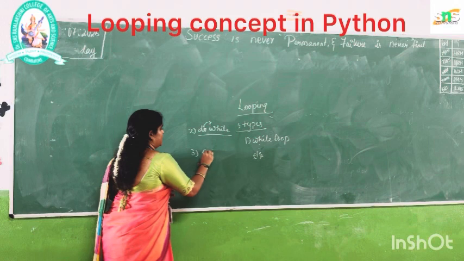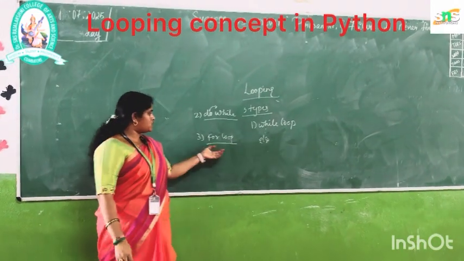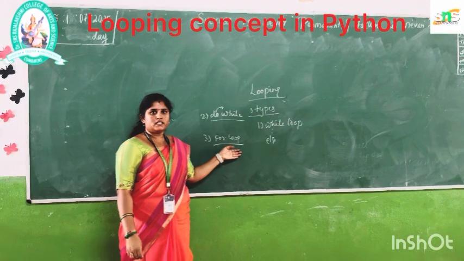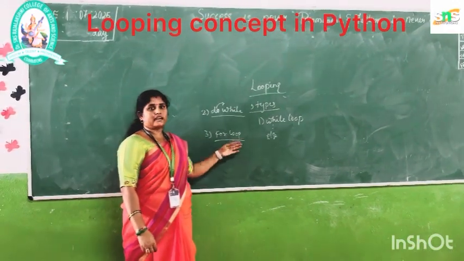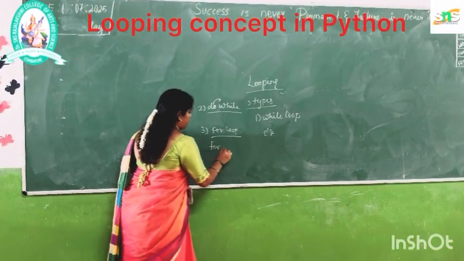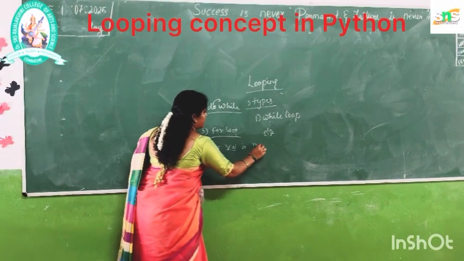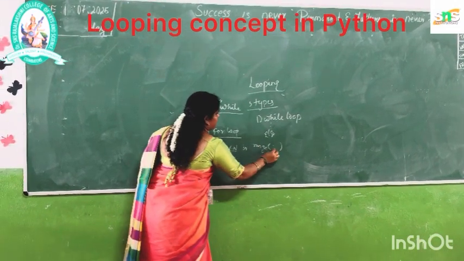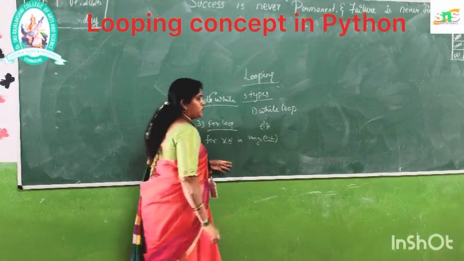The third one is the for loop. The objective in the for loop is to go through values using the range function. For the range function, we need to give the variable name, then in range we give the first element to the last one.